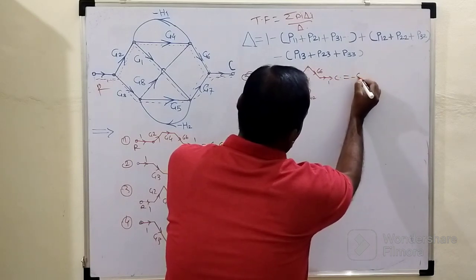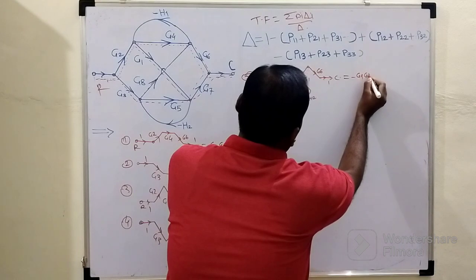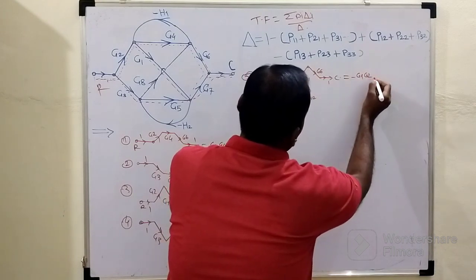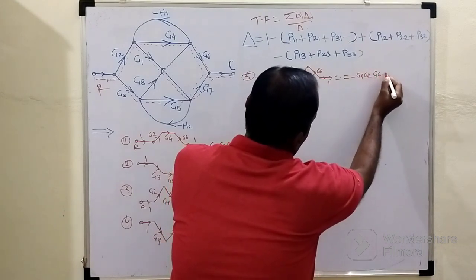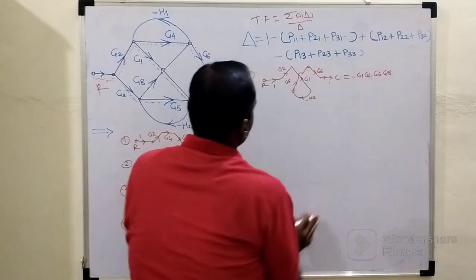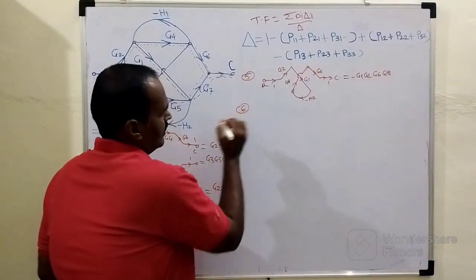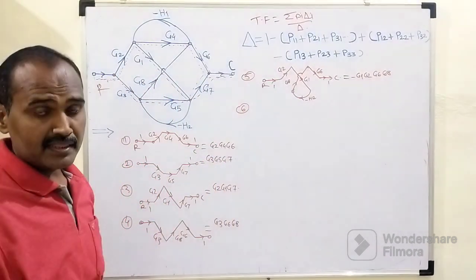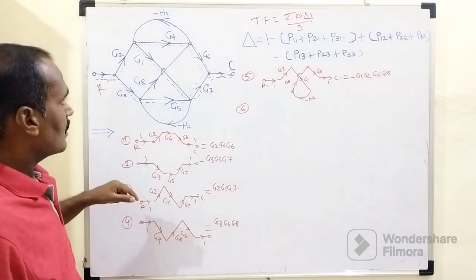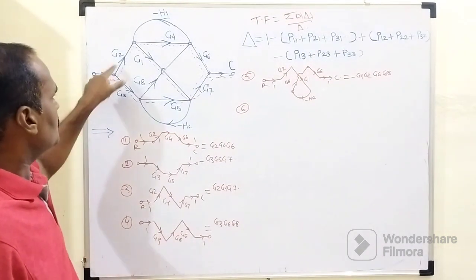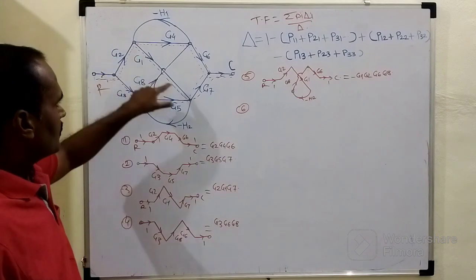Along with this negative sign, it will become minus of G1 into G2 into G6 times G8.